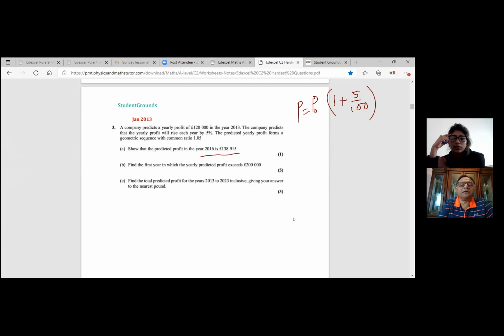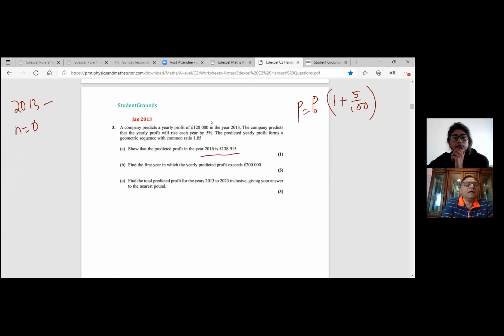We are starting from 2013, so that is n equals 0, correct? After 1 year, the company predicted yearly profit of this much, so this becomes the P0 value. So n is 0 in this case.